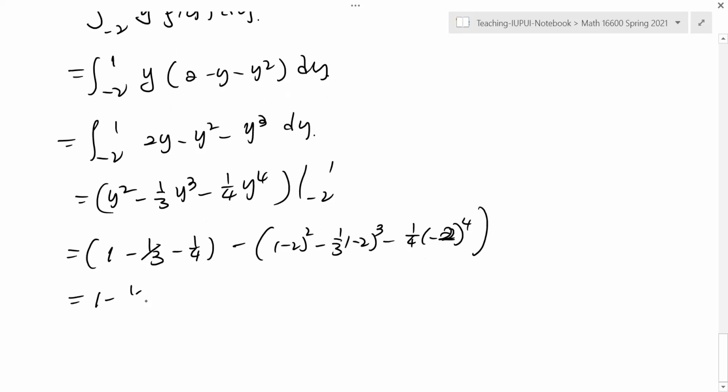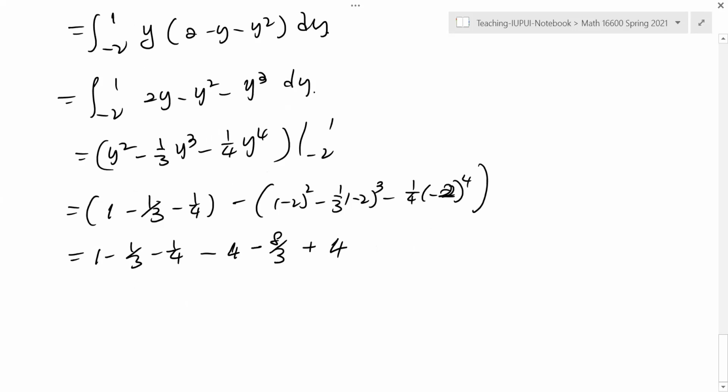Remove the parentheses first. Don't combine them. Sometimes it's more complicated. Then you saw that's a 4. I have a negative, and 3 negative signs, so it's going to be 8/3. And then I have a negative, positive, so 2 to the 4th power is 16, divided by 4 is just equal to 4.